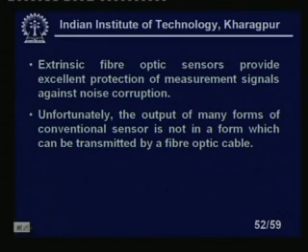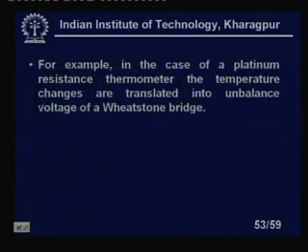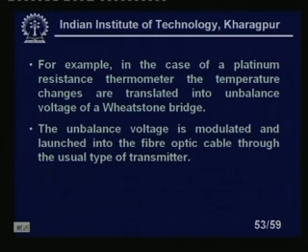Unfortunately, the output of many forms of conventional sensor is not in the form which can be transmitted by a fiber optic cable. Conversion into the electrical form must therefore take place prior to transmission. For example, in the case of a platinum resistance thermometer, temperature changes are translated into the unbalanced voltage of a Wheatstone bridge. The unbalanced voltage is modulated and launched into the fiber optic cable, because the unbalanced voltage will also always give a measurement of temperature.